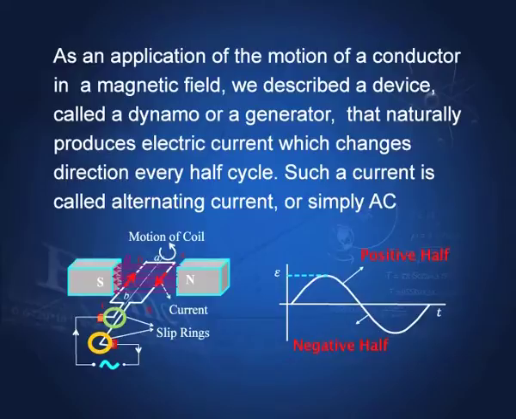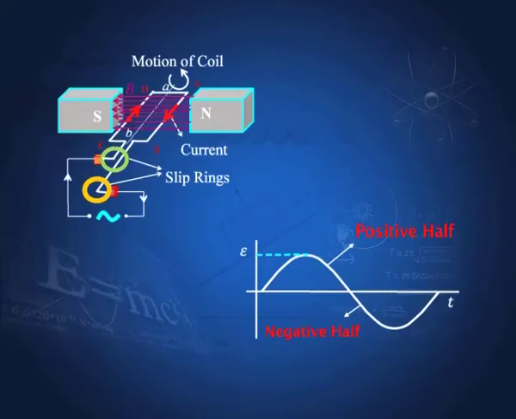Remember that AC is produced by a generator. Let me recall once again the arrangement here. We have a magnetic field, and a coil which is rotating in the anti-clockwise direction, and these are the two slip rings with carbon brushes. These slip rings are always in contact with the same arm of the coil.